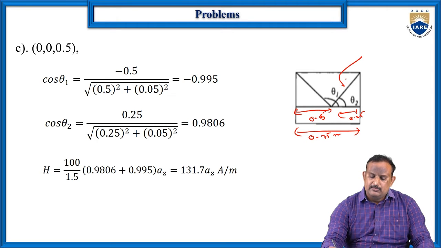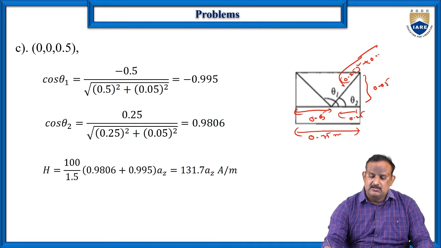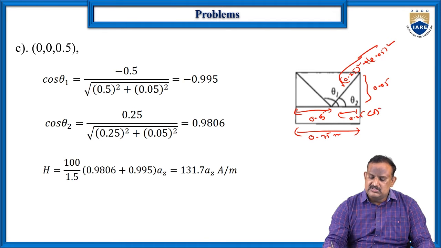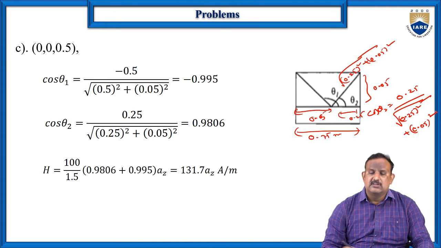The hypotenuse is equal to the root of 0.25 square plus 0.05 whole square, where the radius is 0.05. So the expression for cos theta 2 is 0.25 by root of 0.25 whole square plus 0.05 whole square.